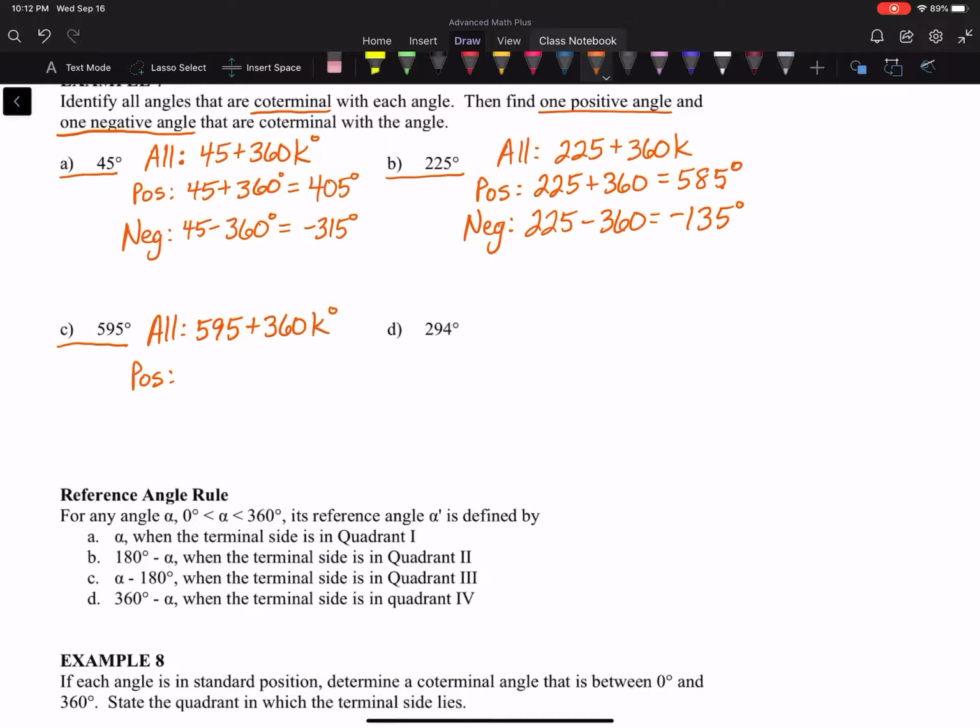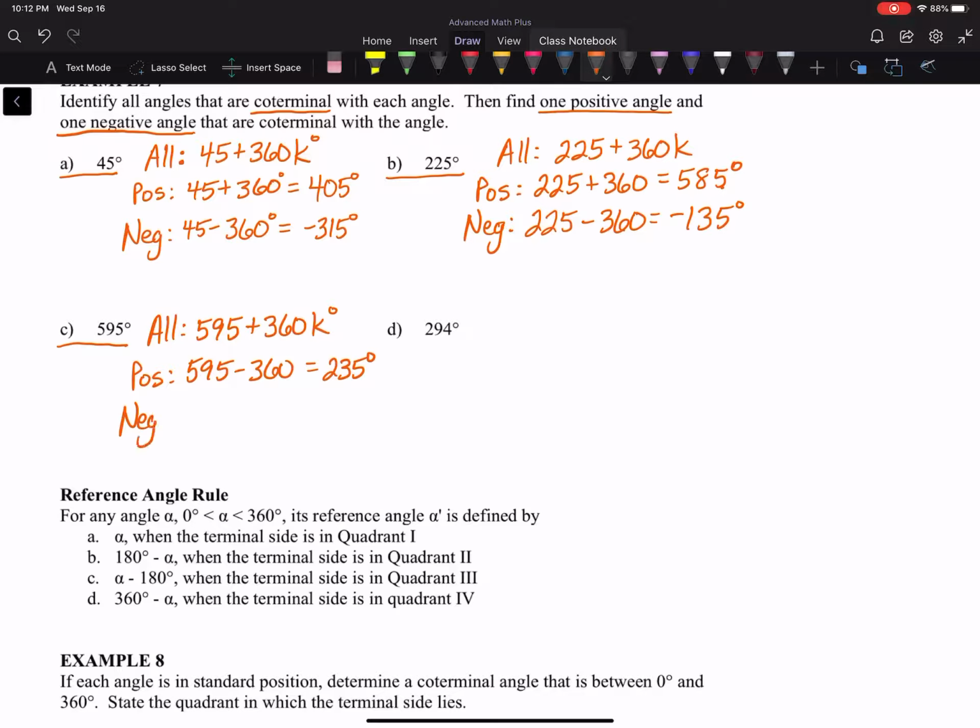Since it's more than 360, you can subtract 360. So 595 minus 360, that is 235 degrees. As you can see, that's still a positive coterminal angle.